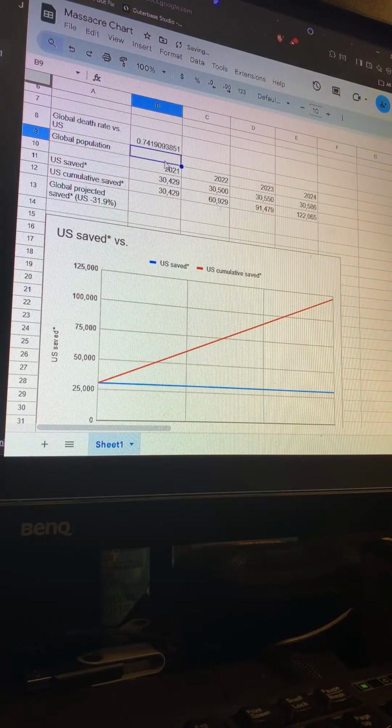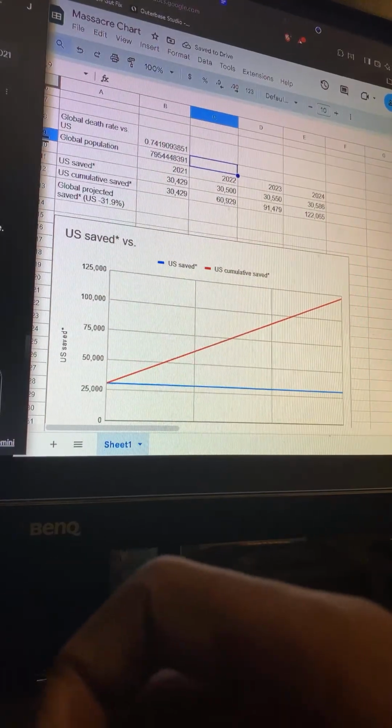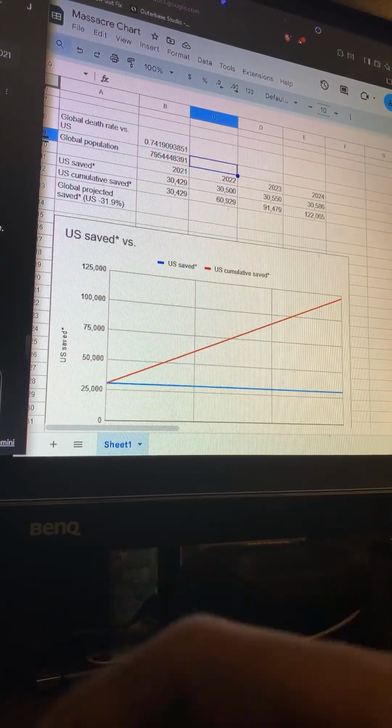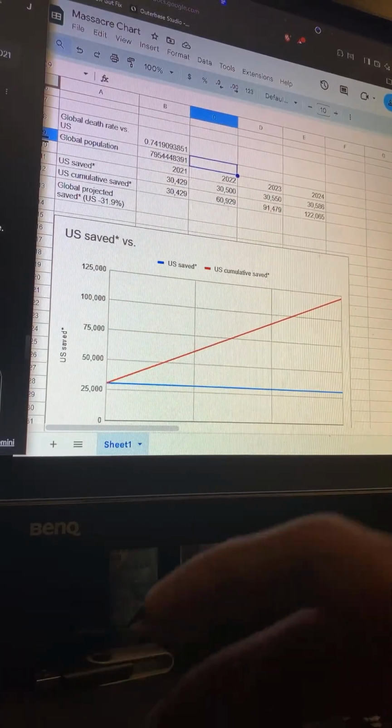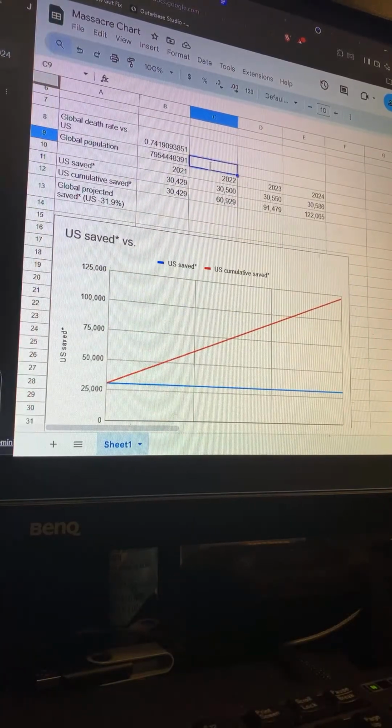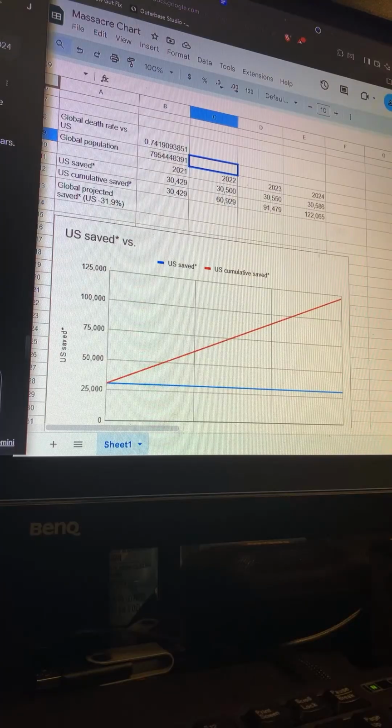so the global population 2021, this 2022. So 2021.